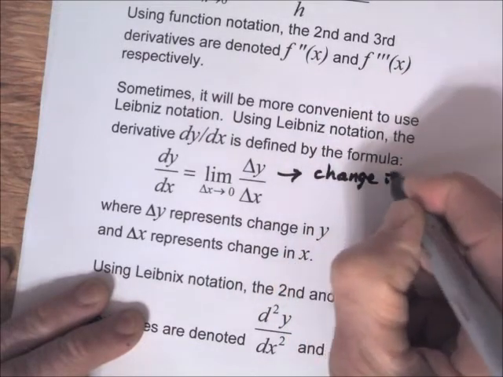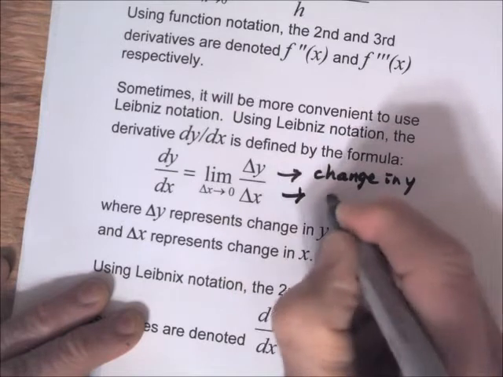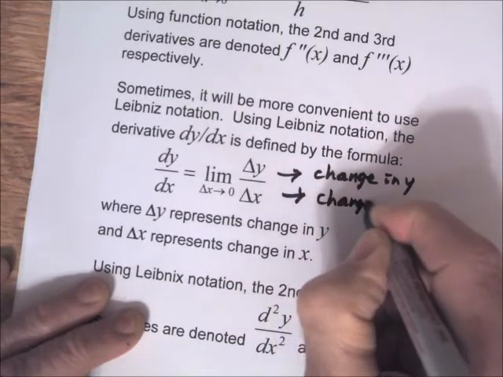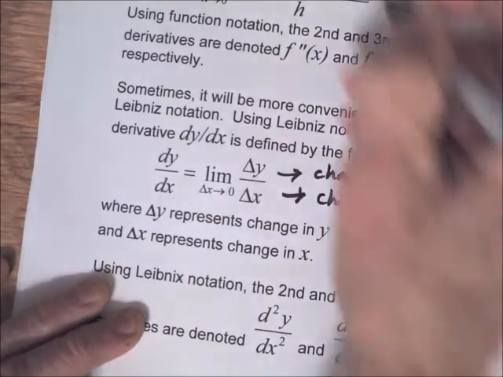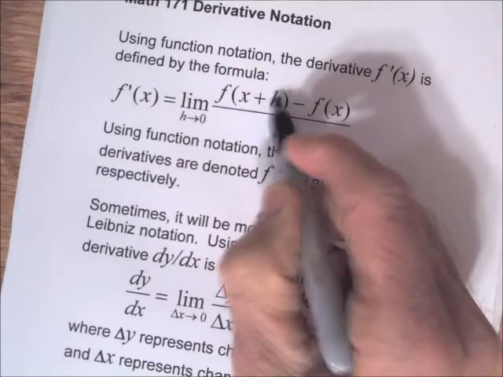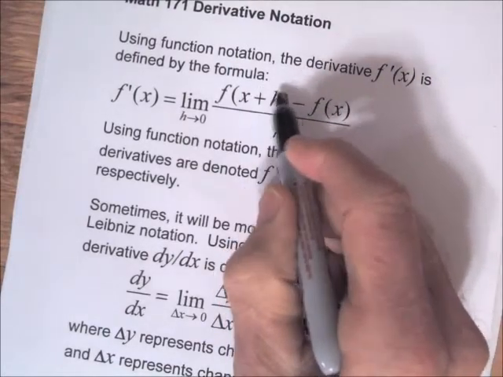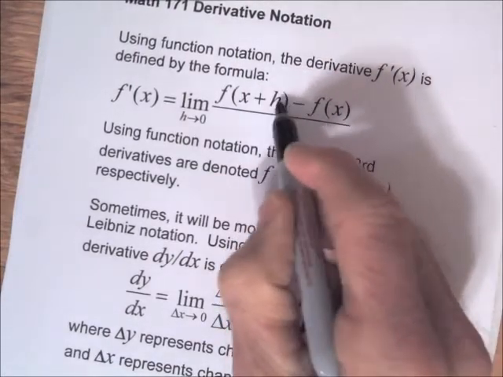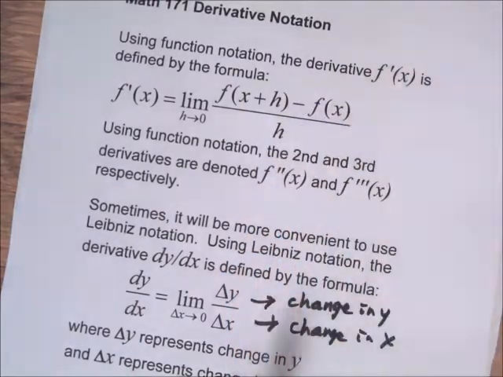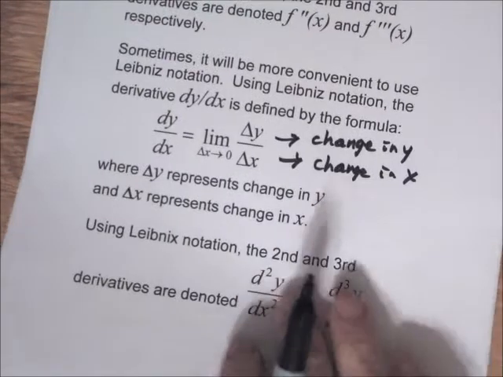Change in y over change in x, it's like the rise over the run, right? If you think of y as equal to f of x, this is the change in y over the change in x. It's sort of the same thing, but it's a different way of expressing it.